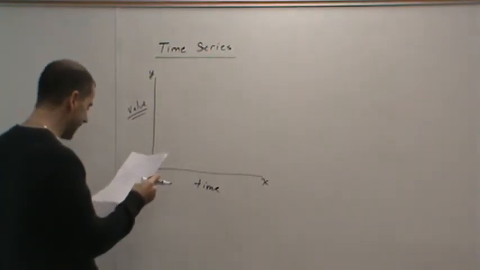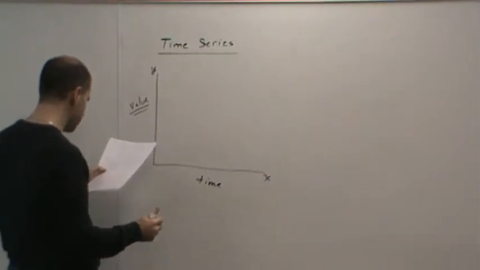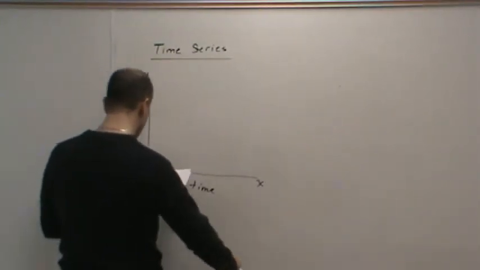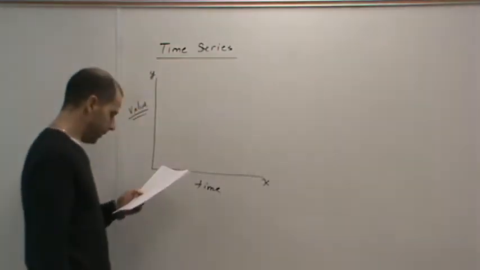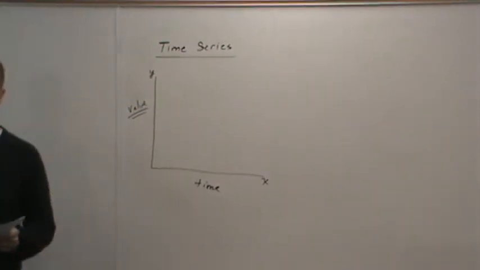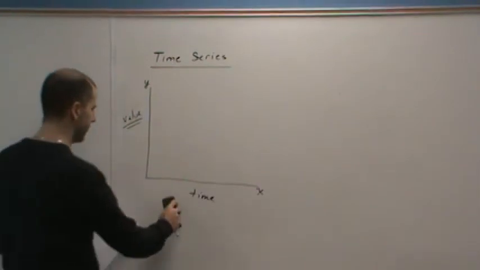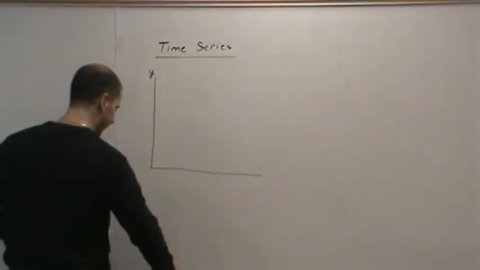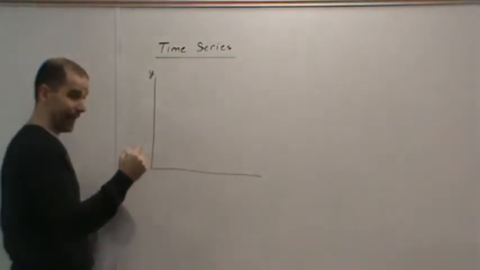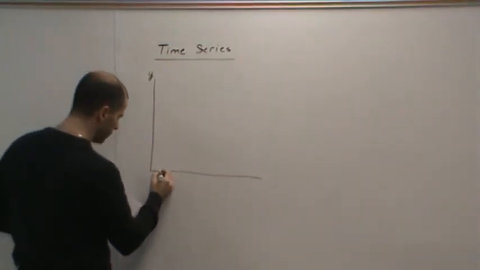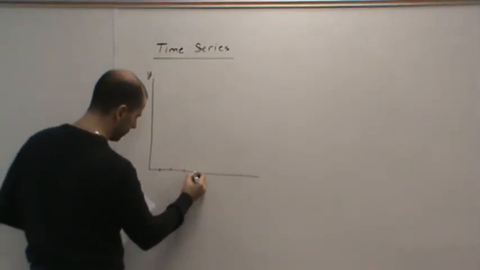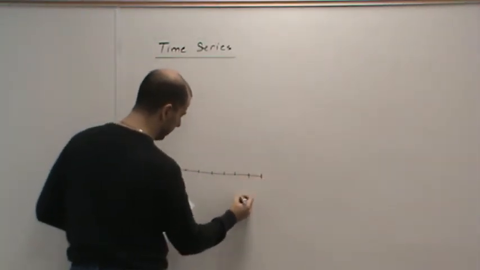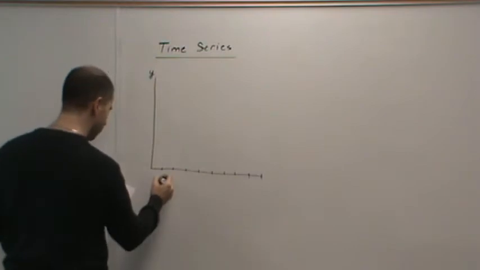So here's an example of a time series that uses the annual consumer price index. So this is the annual consumer price index over time. So we're going to start with annual increments. So the x-axis is going to be year. This is going to start with 2003.